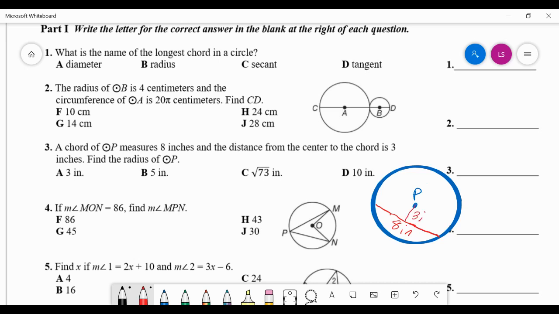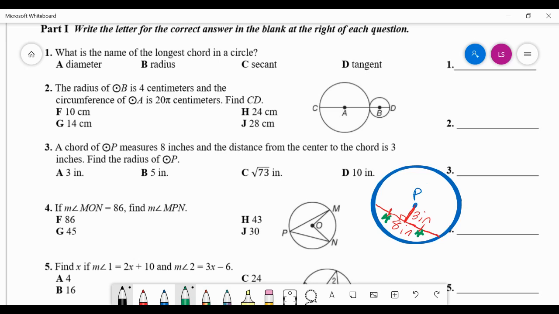So that's 3 inches. Now remember, when you have a distance, that distance isn't only perpendicular, but it also is a bisector. So I know that this segment right here is chopping that 8 into 2 pieces. So I know that right here I have 4 and 4.